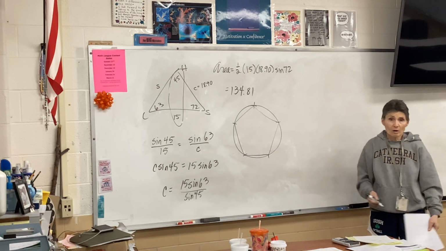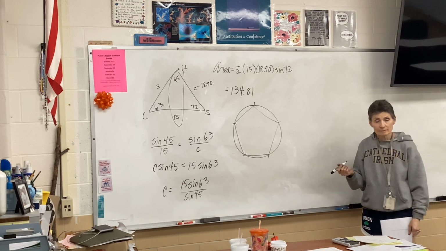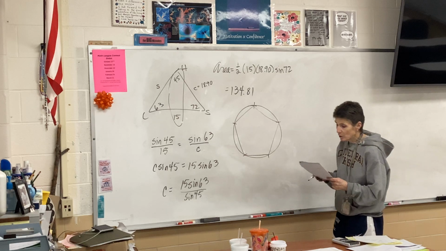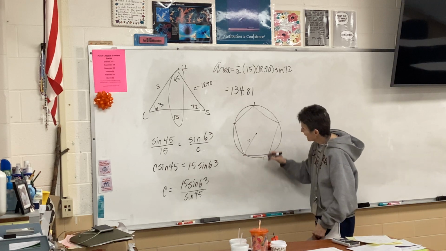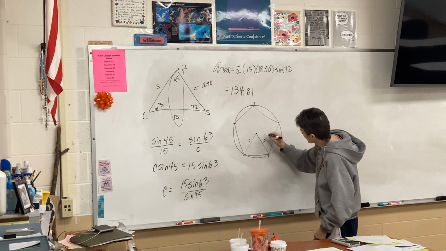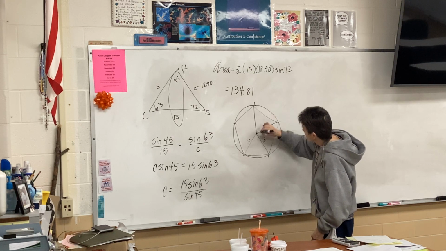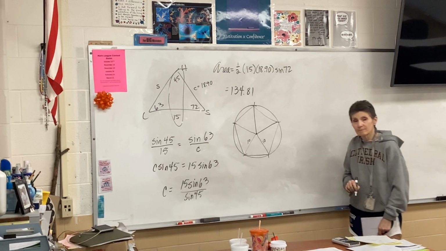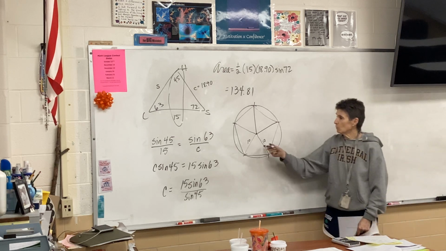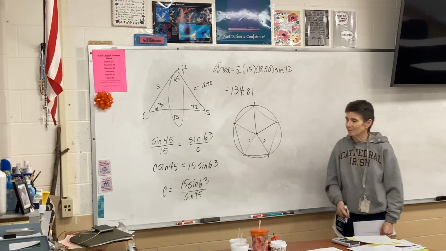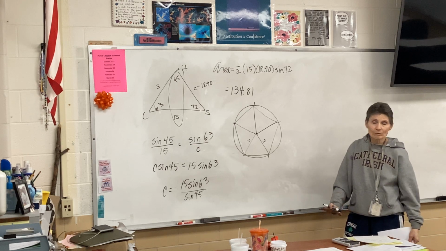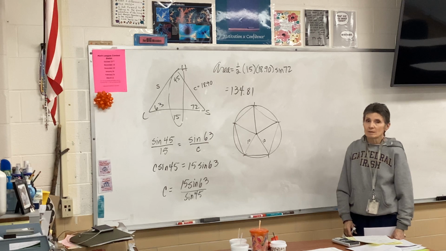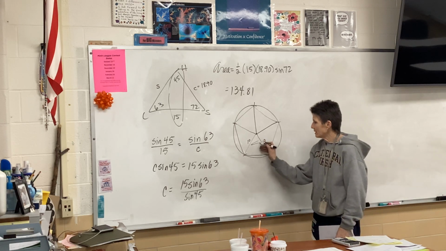You get credit for drawing one as long as it's a pentagon. And I know the radius is 10 feet. In fact, I know all the radii are 10. So if I drew them all in, I would create 1, 2, 3, 4, 5 triangles, all congruent. So I'm going to find the area of this one right here.